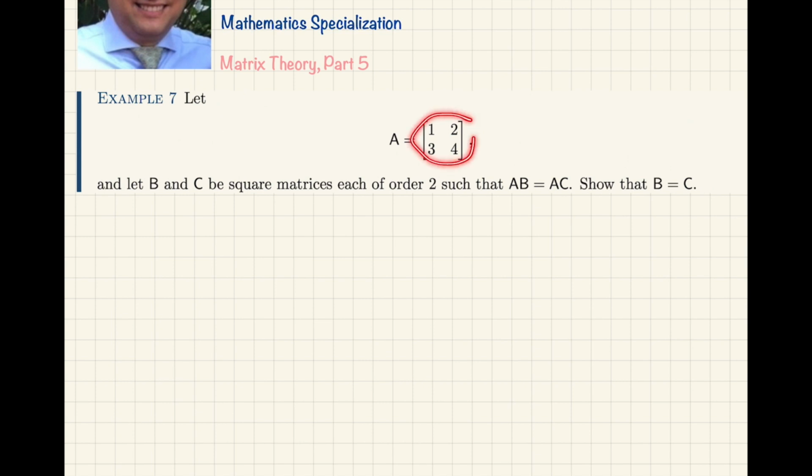And calculating this determinant is just multiplying 1 by 4, multiplying these two, and then subtracting them. It becomes -2, and this is very easy. So if you know enough about matrix theory, just by looking at this, it's a matter of seconds to calculate its determinant and see that this is not zero.